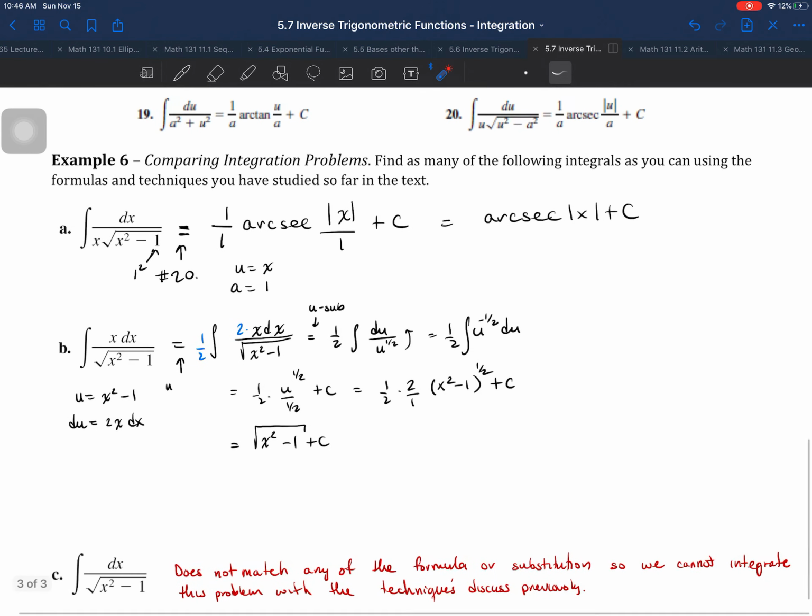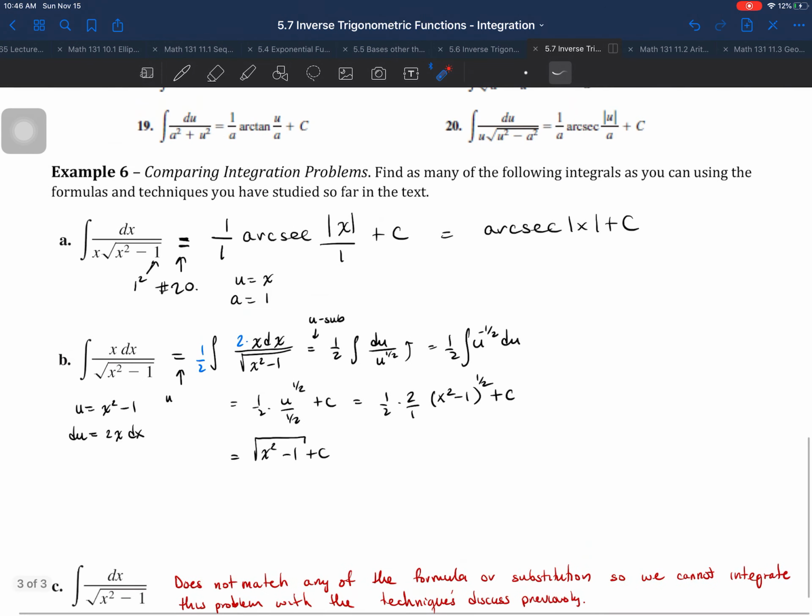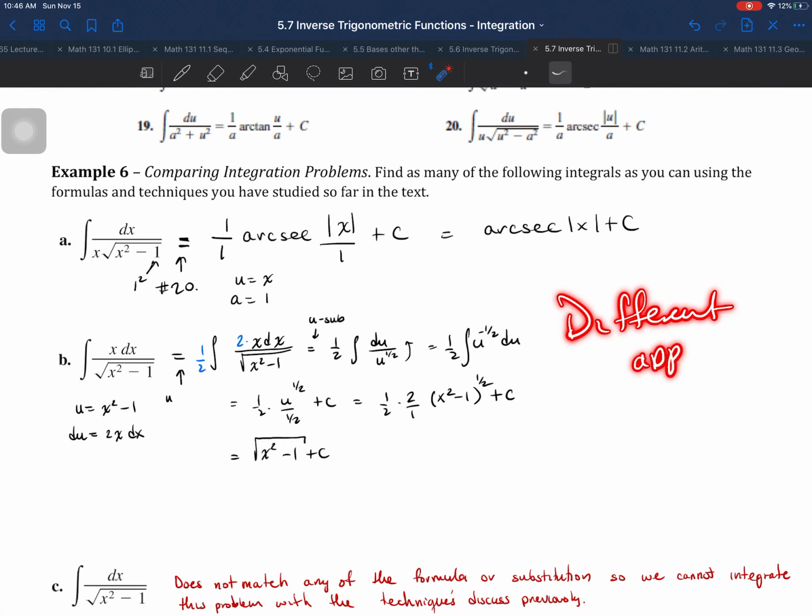Now we're going to try the next one. If you notice, in the previous example you were not able to do anything else but use the arcsecant. Now if I add an x here on top, I can't use that rule anymore.